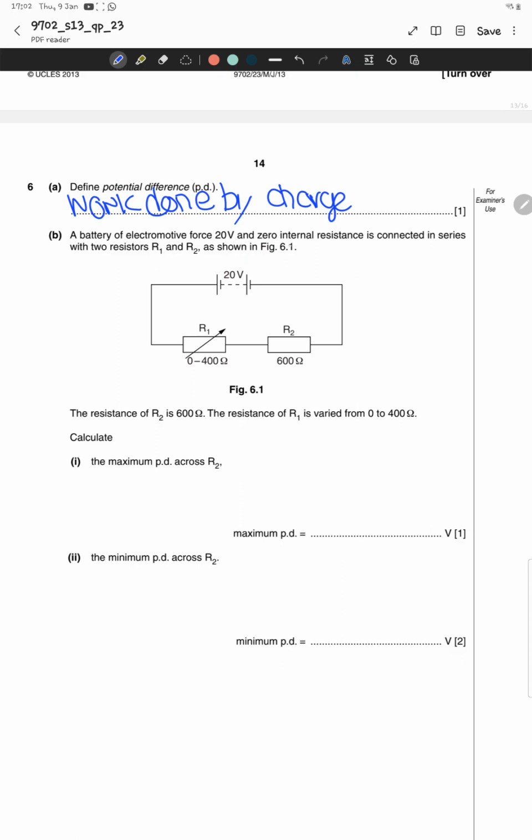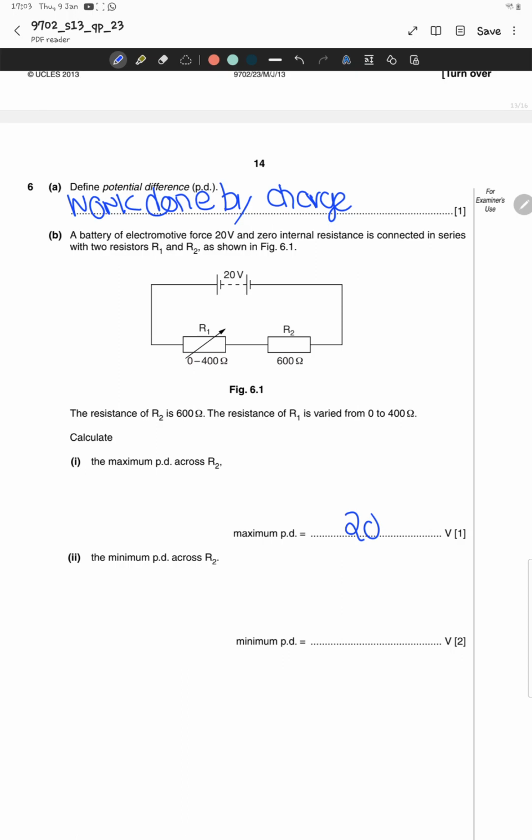So we have an arrangement, no internal resistance. The resistance of R2 is 600 ohms and the resistance of R1 is 0, okay, so it's a variable. The maximum potential difference across R2: if you put R1 as 0, that means basically no voltage will be allocated to it, which means that all the voltage will go to R2, so 20, because that's the maximum voltage that can be given.